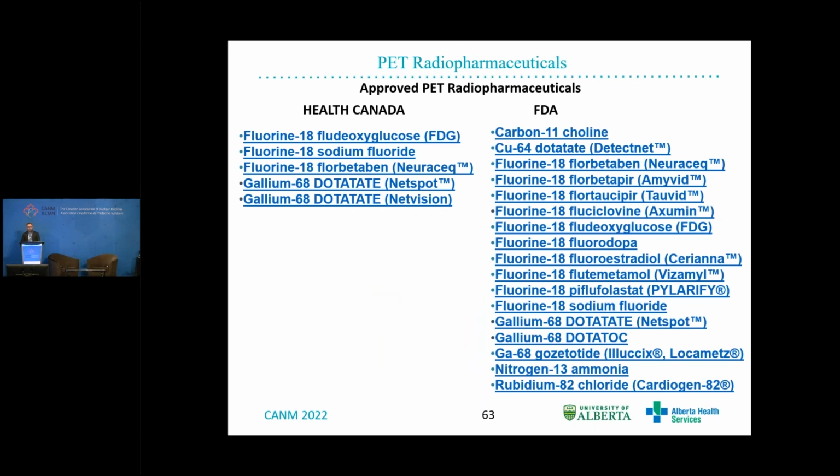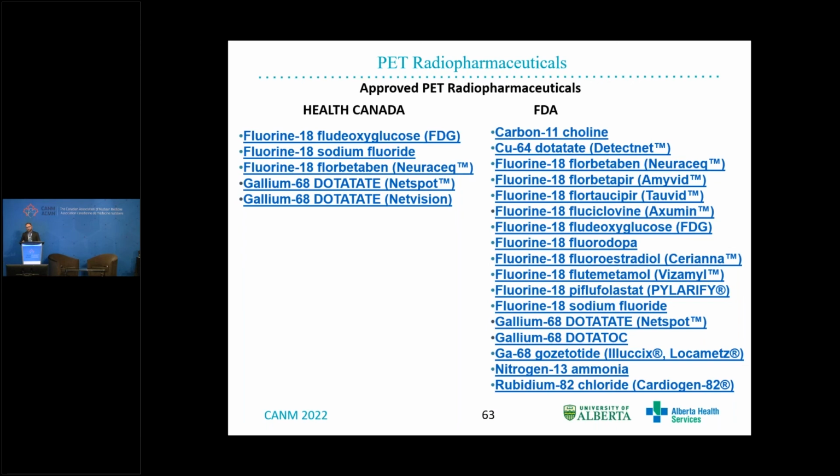So then just a short comment on the access to PET radiopharmaceuticals in Canada. This is the list of what is approved. In Canada we have FDG, sodium fluoride, florbetaben, and gallium-68 DOTATATE. We have the cold kit, and I think one of them is the actual solution.